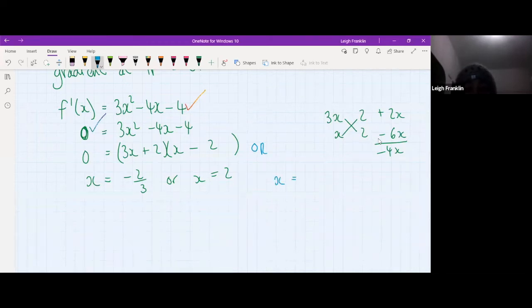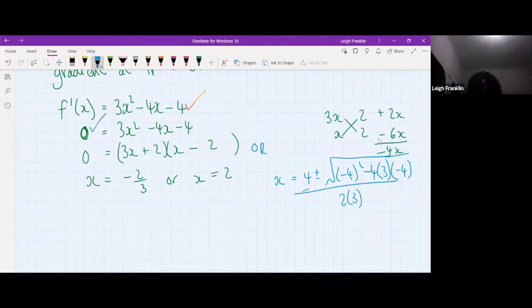So x equals, in this case, -b plus or minus the square root of b squared minus 4ac, all over 2a. Okay, you've got to show either this line here, I'm going to highlight it in pink, or this.